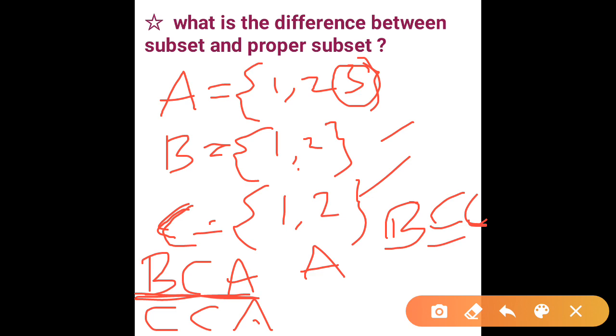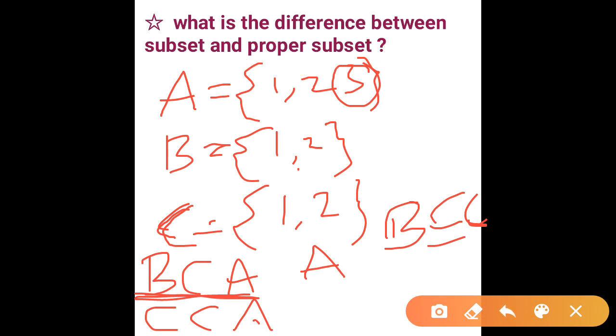That's why we can directly say that B is a subset of C, otherwise C is a subset of B. But in 10th standard we are not using proper subset, only subset. Remember that it is only subset, so no confusion about that, right?